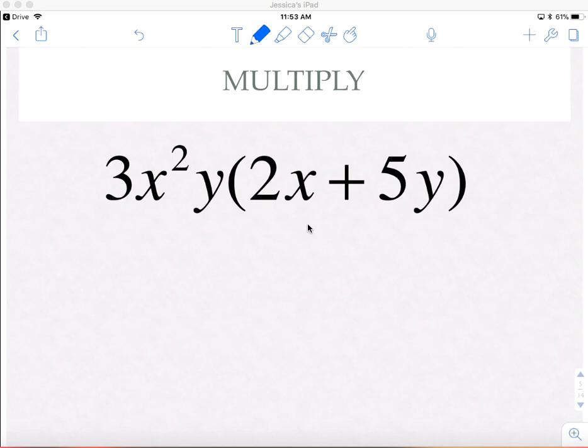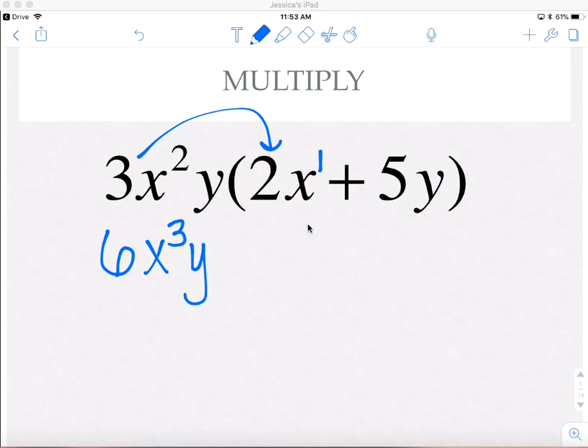For this next one, you are going to look at each base separately. So 3 times 2 gives us a 6 in front. x squared times x is x to the third because there is an imaginary 1 there. And then I'm left with a y. 3 times 5 is 15.